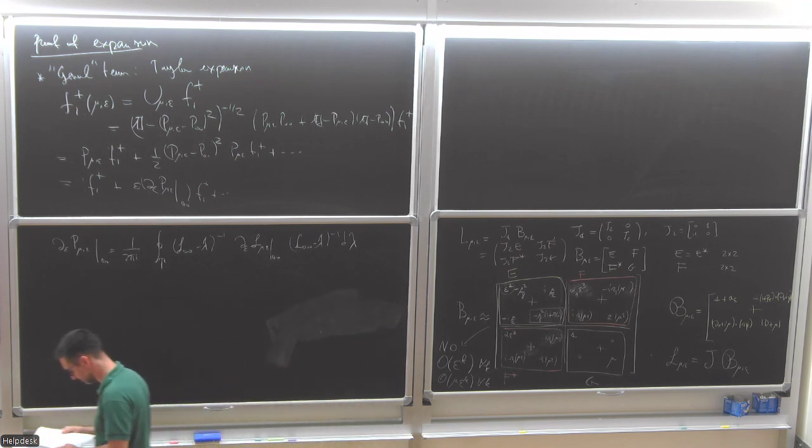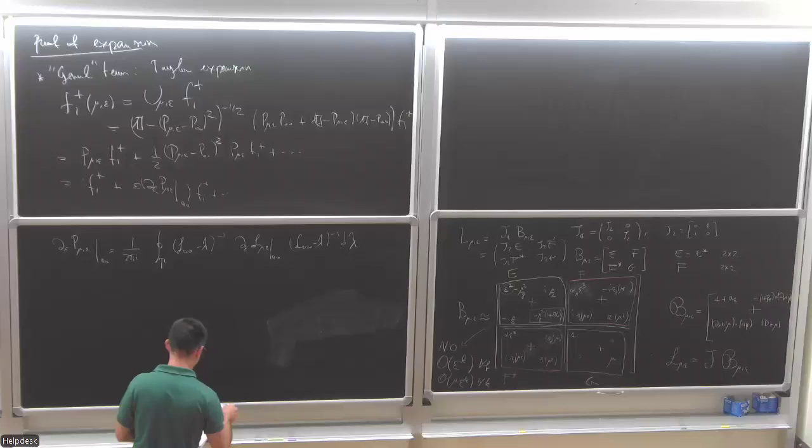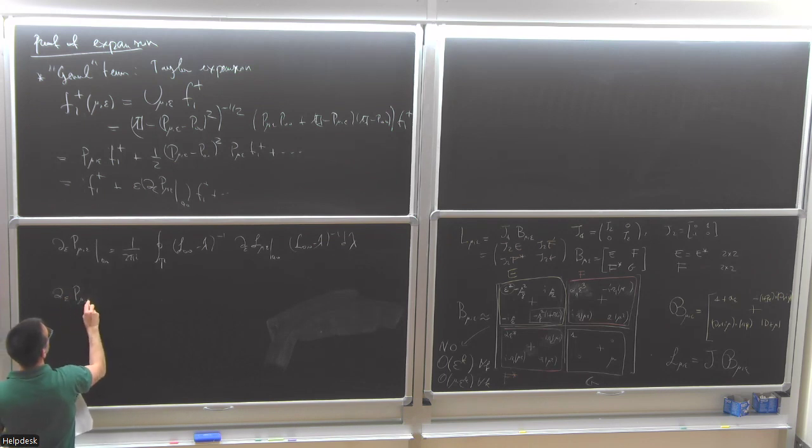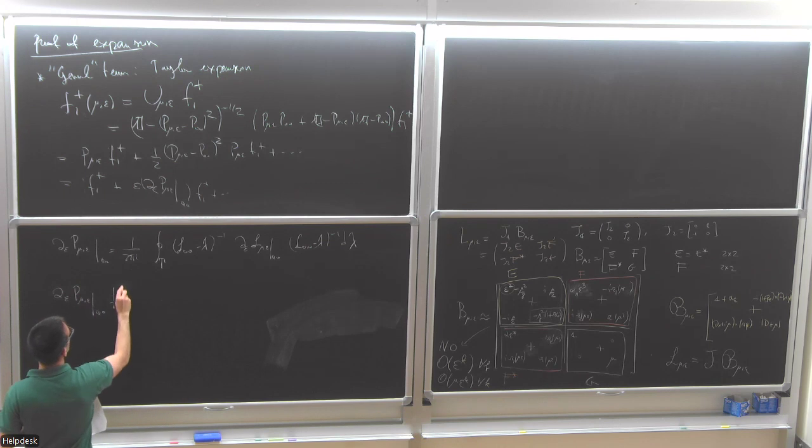You can then compute the action of, for example, this derivative of P_{\mu\epsilon} evaluated at 0 on f_1 plus using a little bit of complex analysis.